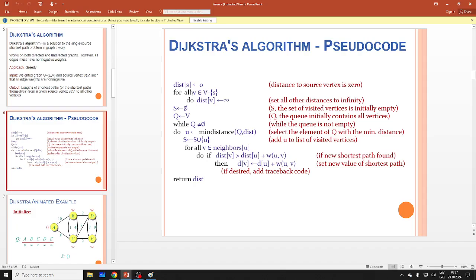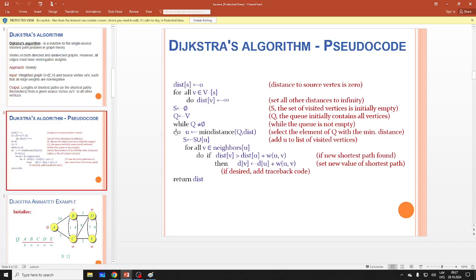And then you set up a queue, which means you need to visit all the vertices, because that's the work you have to do. You cannot finish until you have seen all the vertices. And then you do a while loop, while you still have work to do, while there are some cities you have not visited.